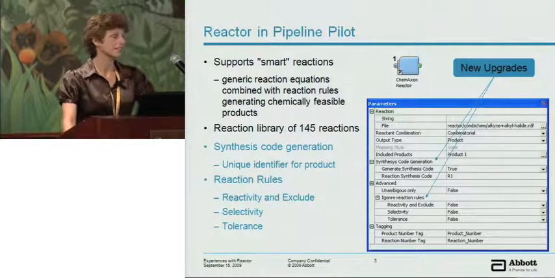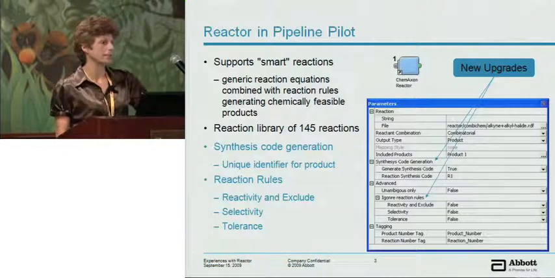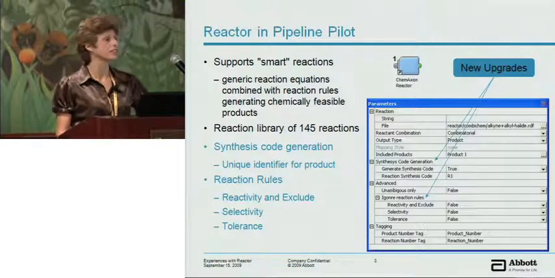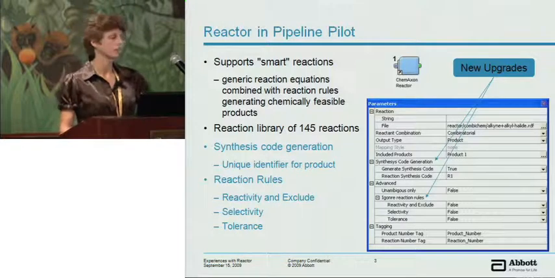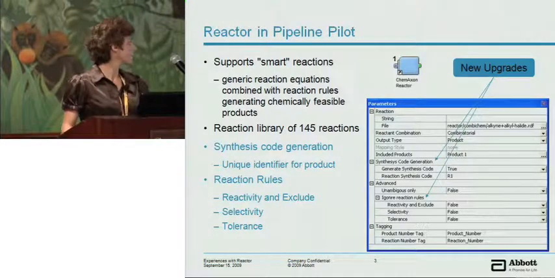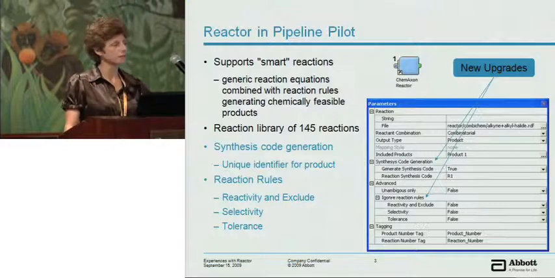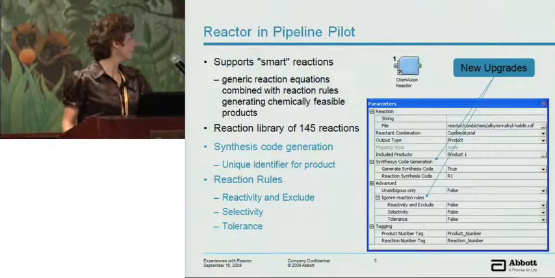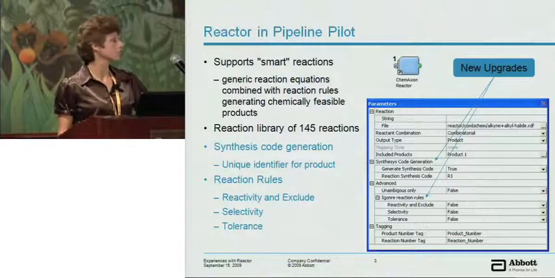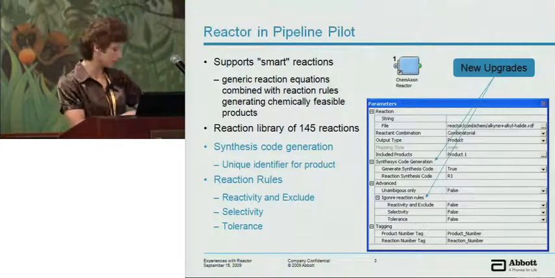And towards the end of last year, they added some new upgrades to the Pipeline Pilot component, what they call the synthesis code generator, where Reactor would automatically generate a unique code or identifier for each enumerated product that it put out. It also gave the user the ability to control which reaction rules they wanted to turn on or off if they wanted to.